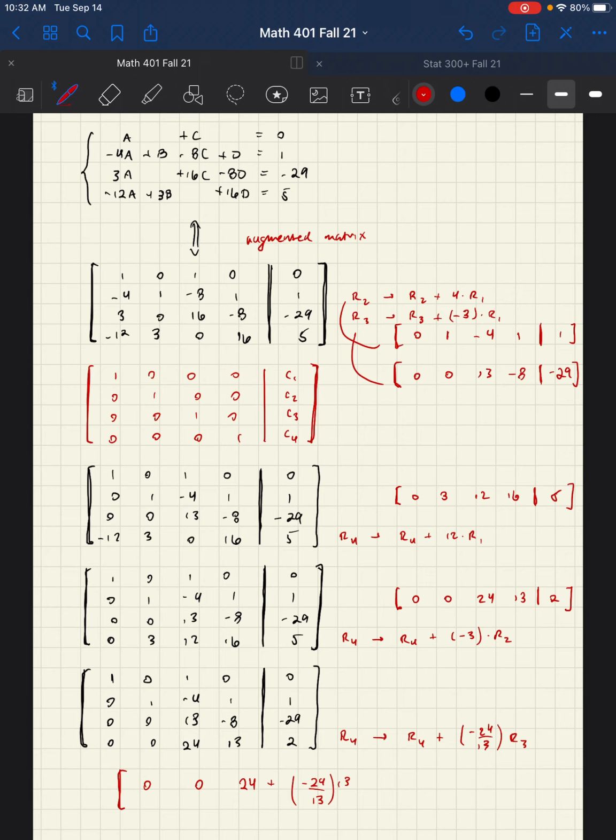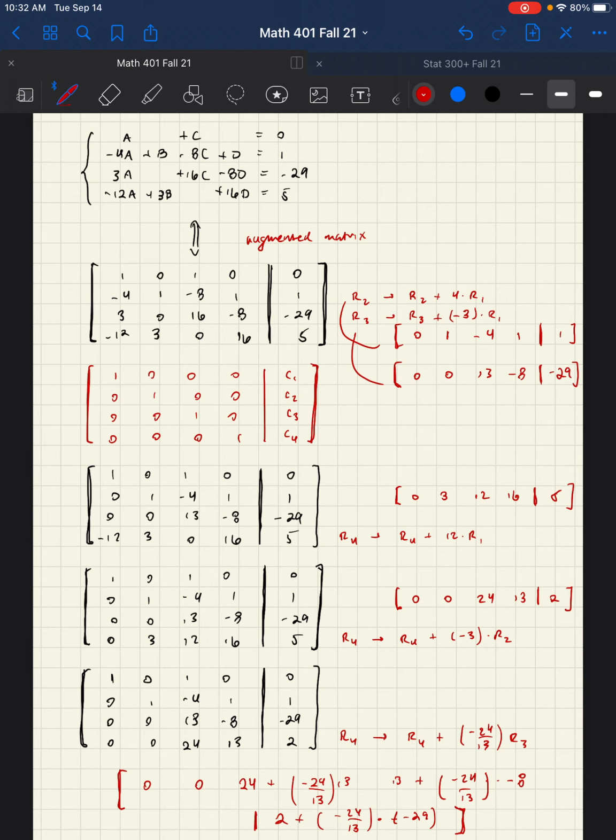And then the second spot is going to be 13 plus negative 24 over 13 times negative 8. Augmented with, I ran out of space here, but I'm going to try to do it in the bottom line: 2 plus negative 24 over 13 times negative 29. Oh boy. Okay.